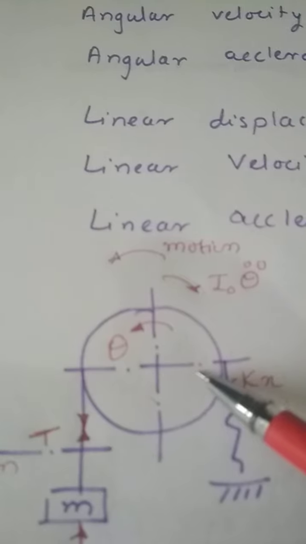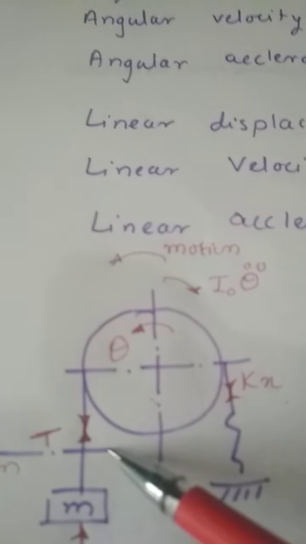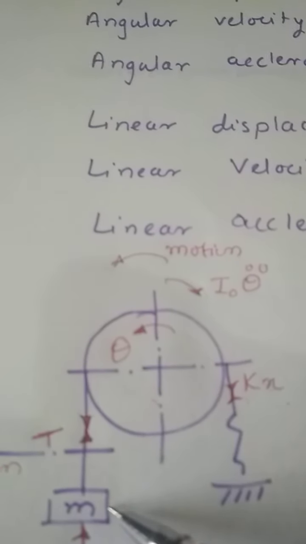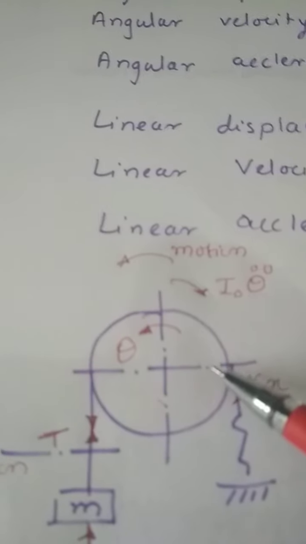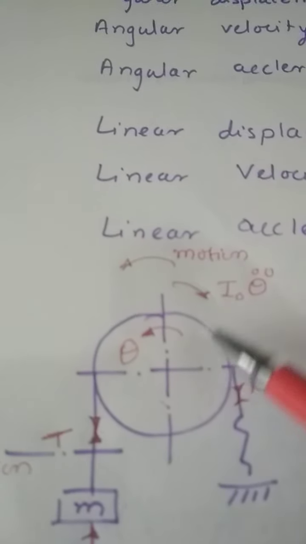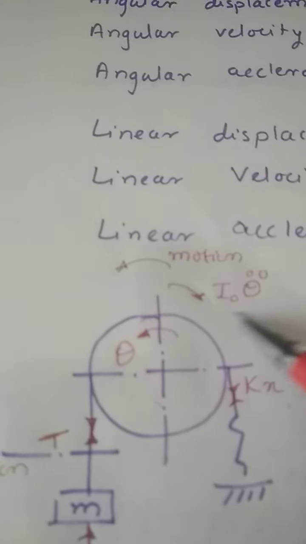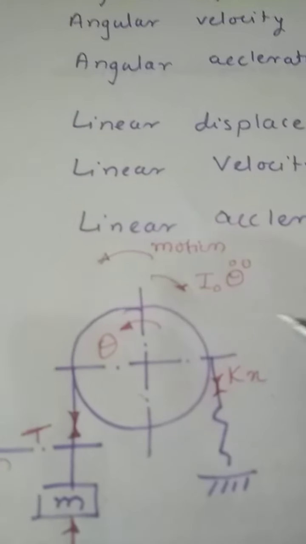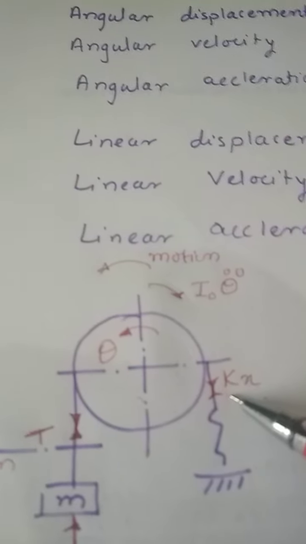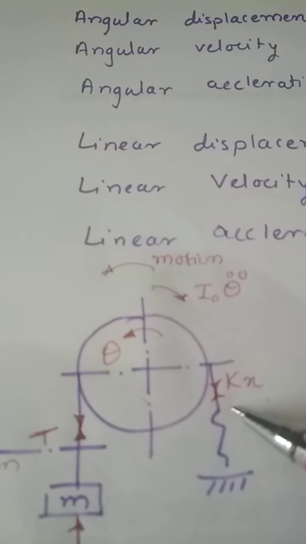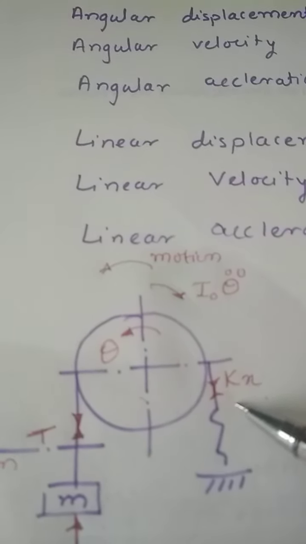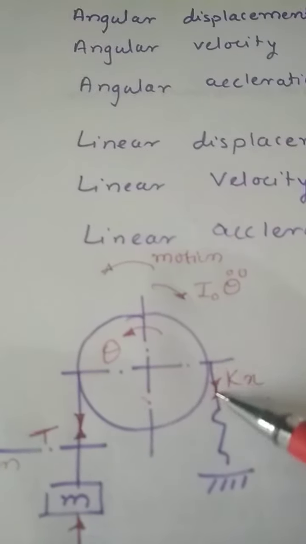Theta is moving anti-clockwise due to the downward motion of this mass m. So that will give you the motion anti-clockwise, and the inertia torque will act clockwise. As the spring gets extended, the restoring force kx will act downward.